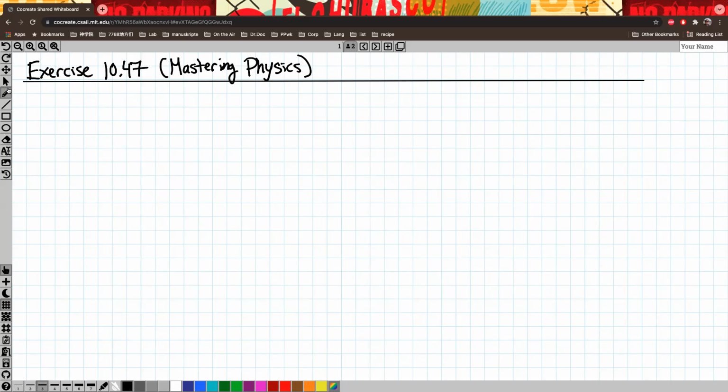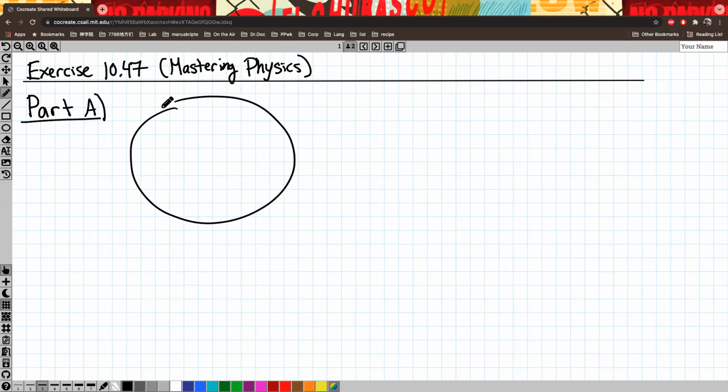The large wooden turntable, that's the question you're looking at? The large wooden turntable in the shape of a flat uniform disc? Yeah. Okay, I can help draw it for you. Okay, so it's a radius of 2 meters, right?